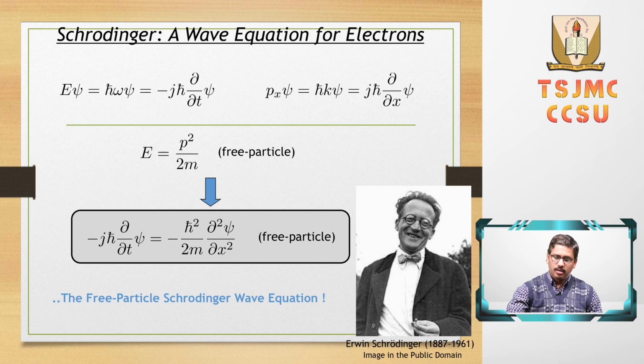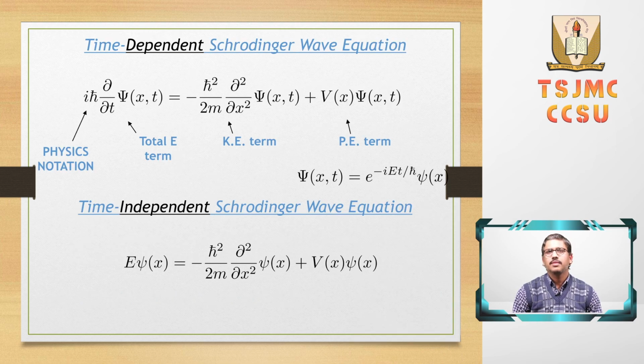Again, this is our last slide for this lecture, the time dependent Schrodinger equation or the time independent Schrodinger equation. So here we write the general form of the Schrodinger equation: i h cut del psi by del t equals minus h cut square by 2m del square by del x square psi x comma t plus the potential energy term.